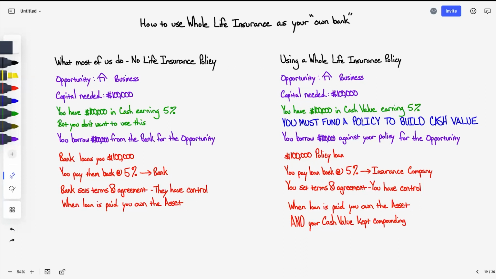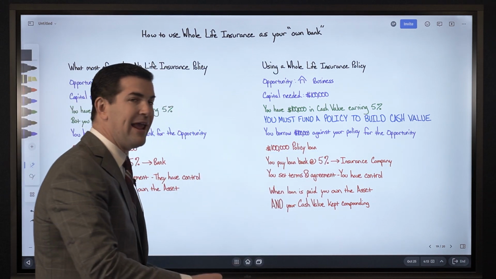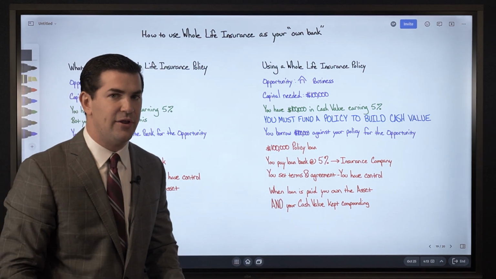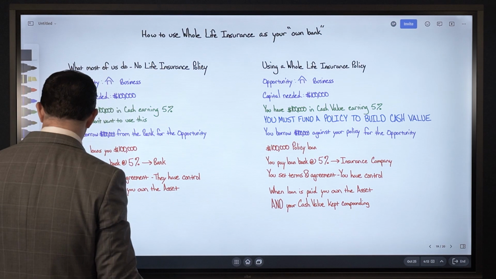So what I mean when I say that is when you borrowed $100,000 against your life insurance policy, a $100,000 loan, you continue to earn that 5% growth rate on the entire amount of money, meaning the $100,000 loan and whatever was left in your cash value. Make sense? Let's look at an example on that, shall we?